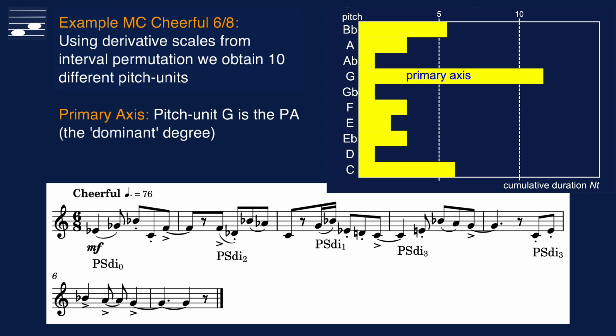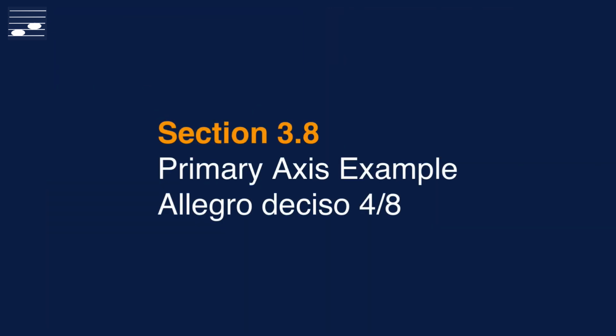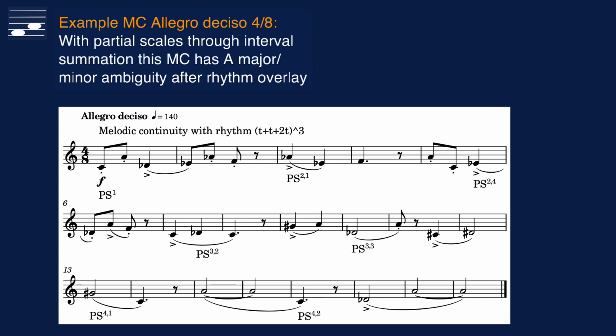If you prefer this pitch more in the foreground, a modification of the time rhythm is appropriate, asking for a redesign. This continuity, an Allegro deciso with key ambiguity, was created from a set of partial scales through interval summation.